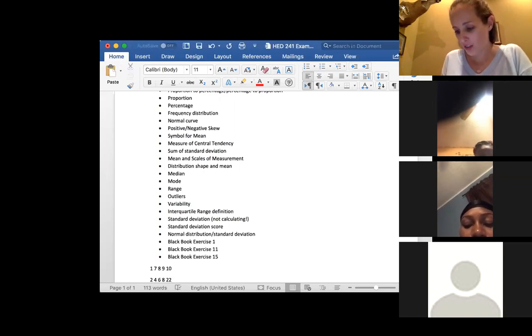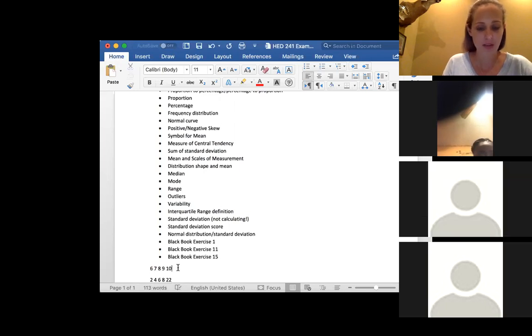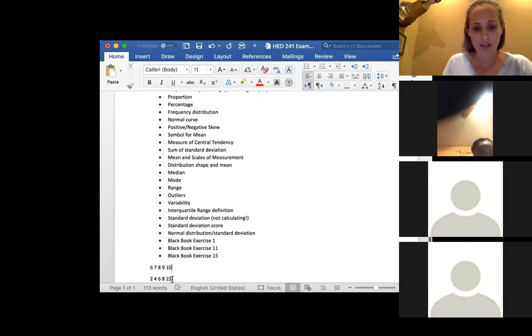So the first thing you would think about is this one. If we did the mean of this, let's make this real easy, let's make this a 6. The mean is 8. The mean here is going to be what? Bigger or smaller than 8?